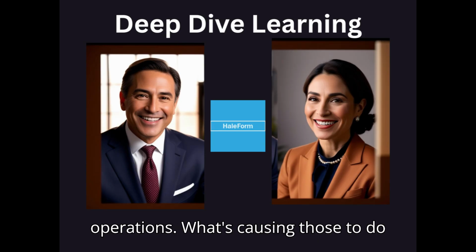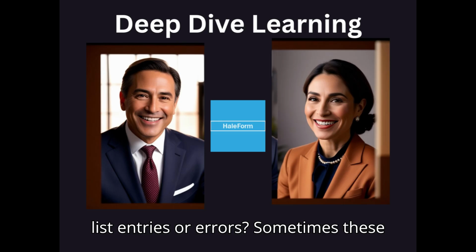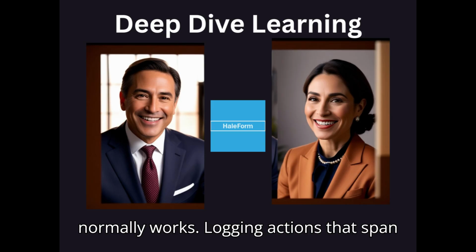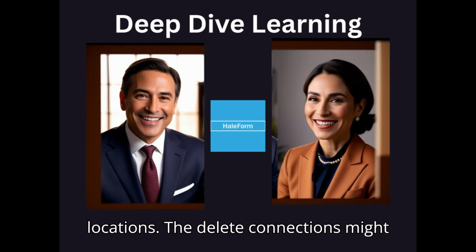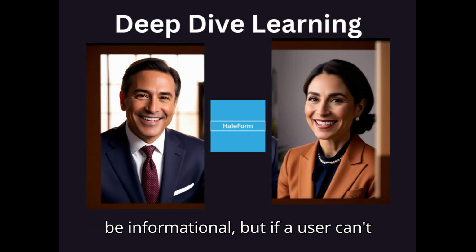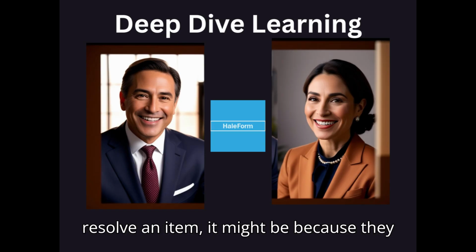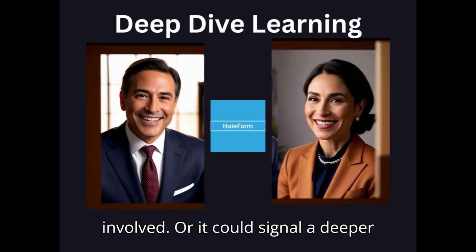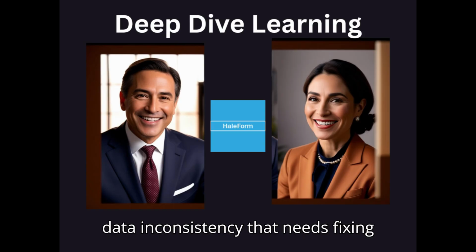What's causing those to-do list entries or errors? Sometimes, these records are actually just part of how GWC normally works, logging actions that span locations. The delete connections might be informational. But if a user can't resolve an item, it might be because they lack the right permission for the objects involved. Or it could signal a deeper data inconsistency that needs fixing first.